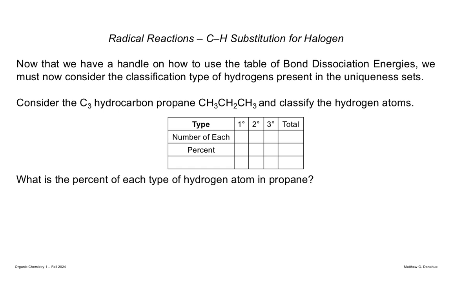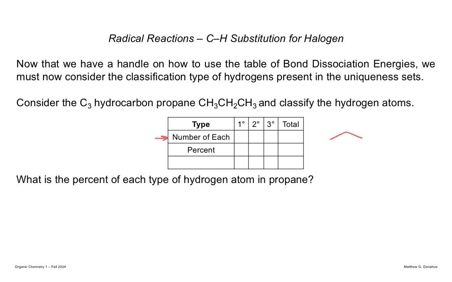So we'll fill this table in on this slide, but the subsequent questions are just the ones I'm going to ask now. And we did this on Friday, but now we're going to dig a little bit deeper into it because we're going to actually look at the observed yields and compare them to the theoretical yields and see what the difference is. So our first row here, number of each type.